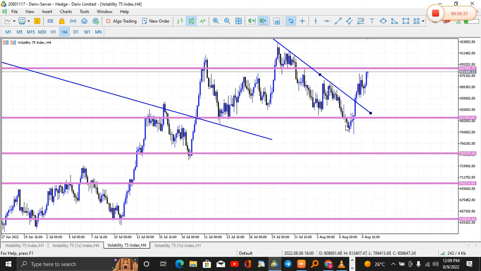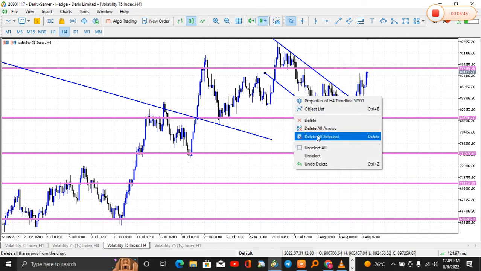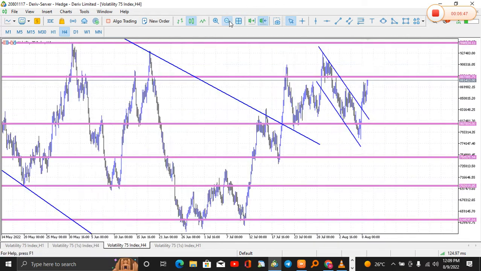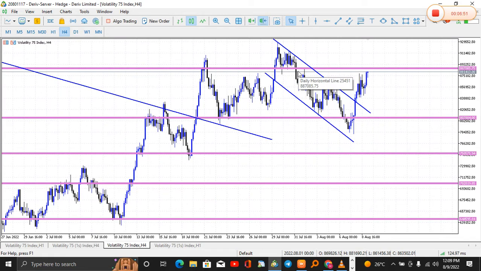Connecting these recent lower highs and lower lows, you will see that we had a little flag, or it can be a falling wedge, a flag in an uptrend. This is a clear indicator that the price is still moving to the upside.